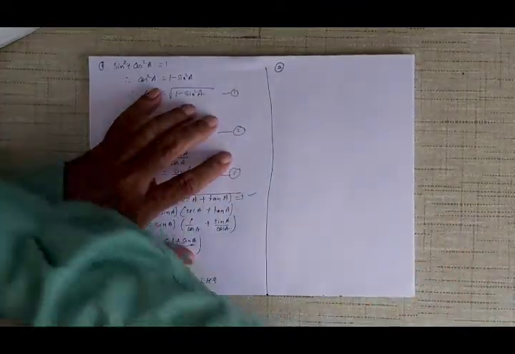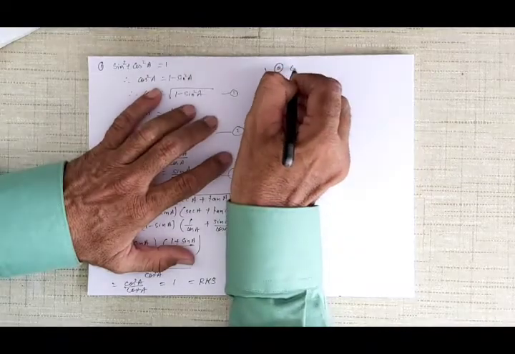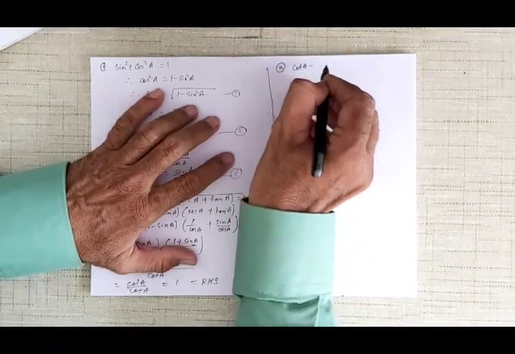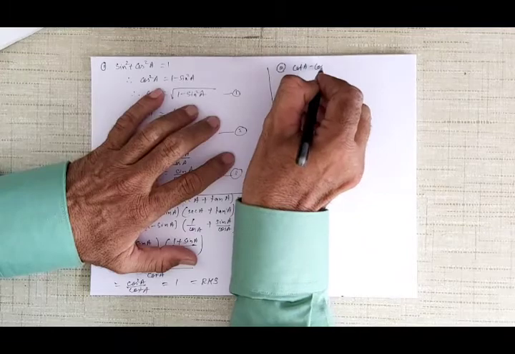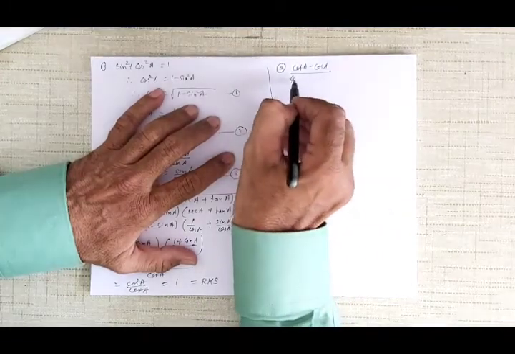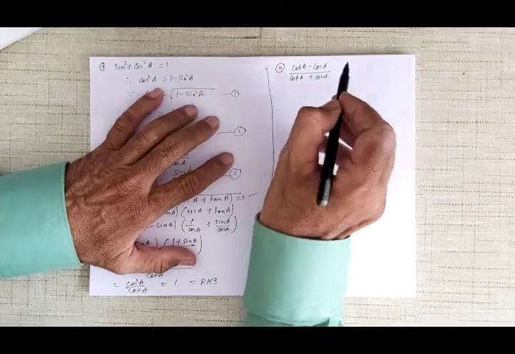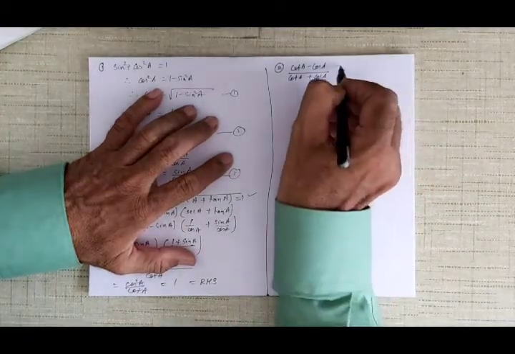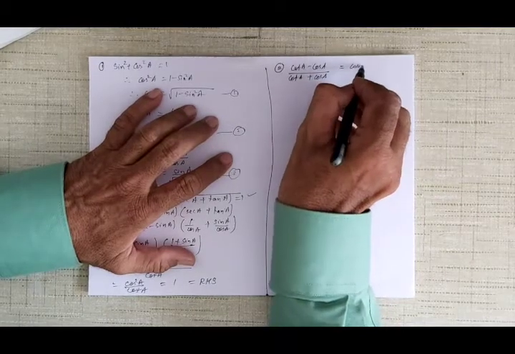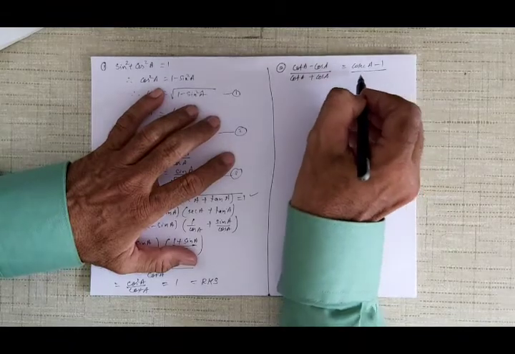Again, now you want to prove that (cot A minus cos A) upon (cot A plus cos A) is equal to (cosec A minus 1) upon (cosec A plus 1).